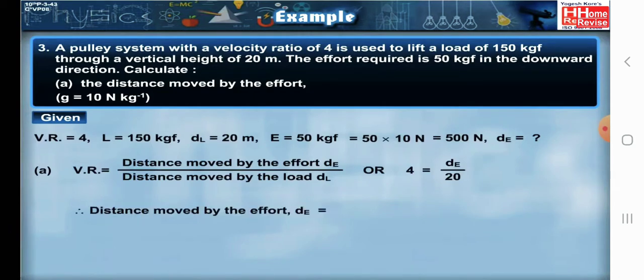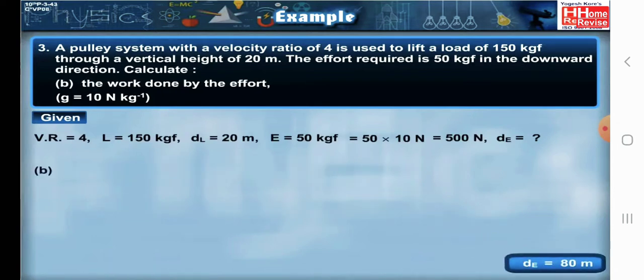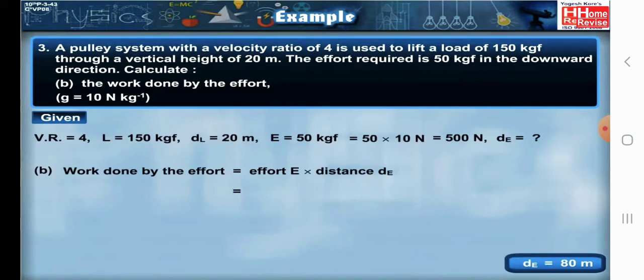Therefore, distance moved by the effort DE is equal to 20 into 4, which equals 80 meters. B. Work done by the effort is equal to effort E into distance DE, which equals 500 Newton into 80 meters, which equals 40,000 joule.